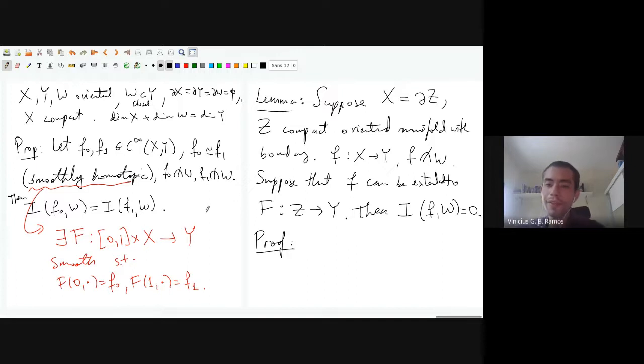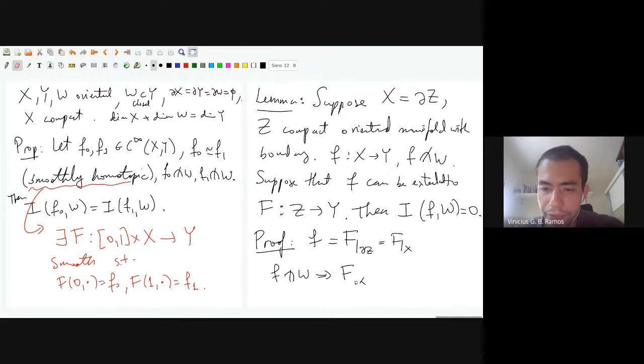If we're assuming that f is transverse to W, and since little f can be extended, it means that f is capital F restricted to the boundary of Z, which is X. So since f is transverse to W, capital F restricted to X is transverse to W on the boundary of Z. This is something I explained last time, that requiring that F is transverse is stronger than requiring that it's transverse on the boundary.